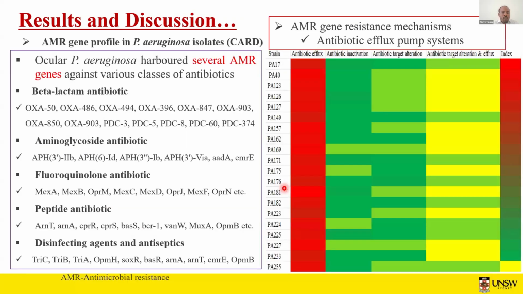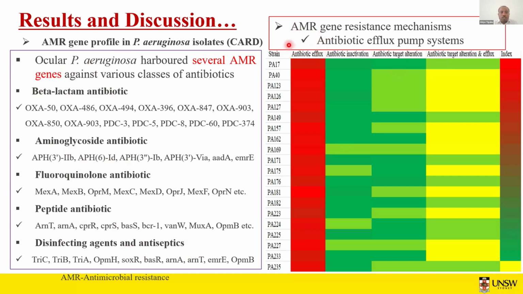The antimicrobial resistance gene profile analysis shows that the ocular Pseudomonas aeruginosa isolates contain several antimicrobial resistance genes against different classes of antibiotics. For example, we detected resistance genes against beta-lactam antibiotics, aminoglycoside antibiotics, fluoroquinolone antibiotics, and peptide antibiotics, as well as disinfectant and antiseptic resistance genes.